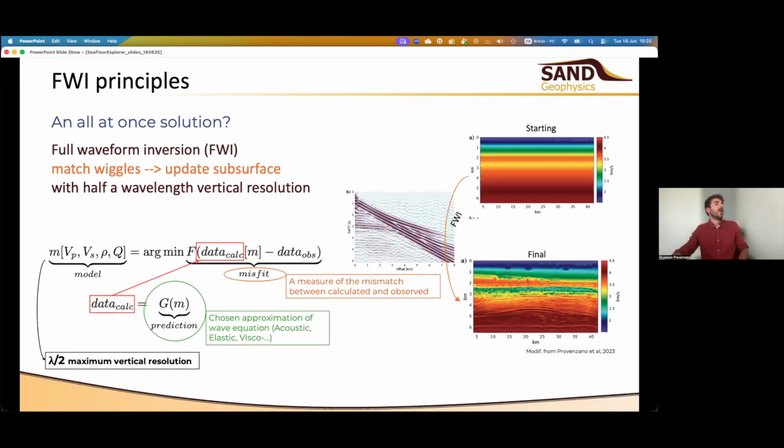So full waveform inversion iteratively updates a geophysical model of the subsurface with a chosen parametrization and a chosen approximation of the wave equation, which you use to approximate the data, the synthetic data.